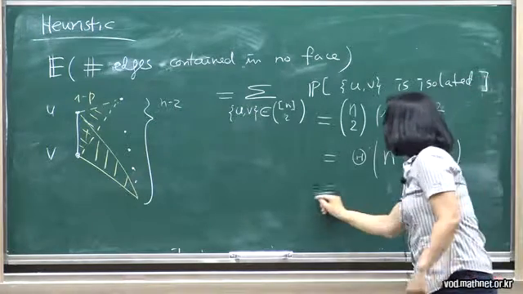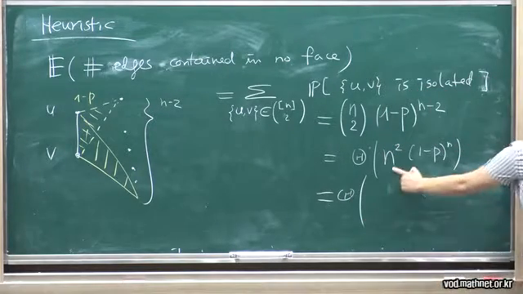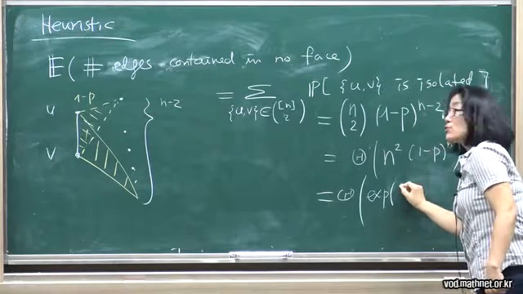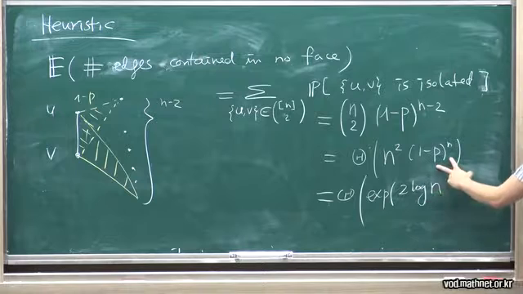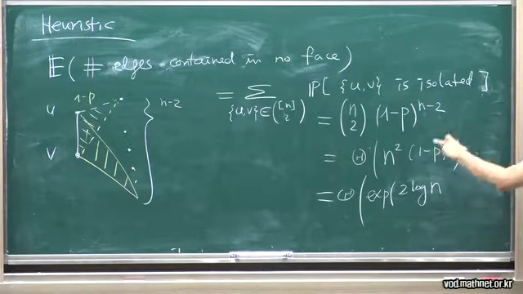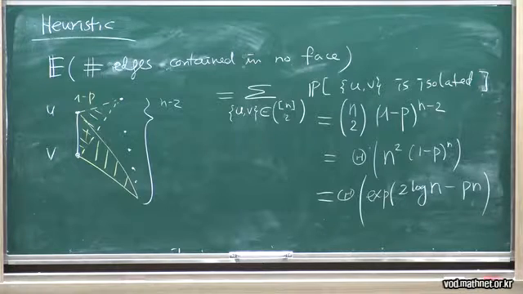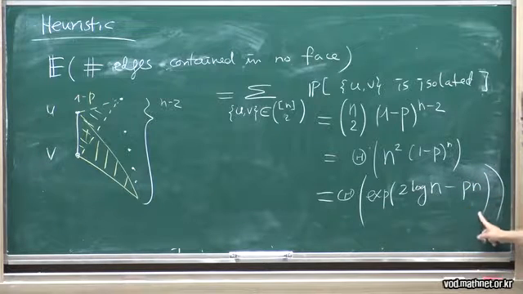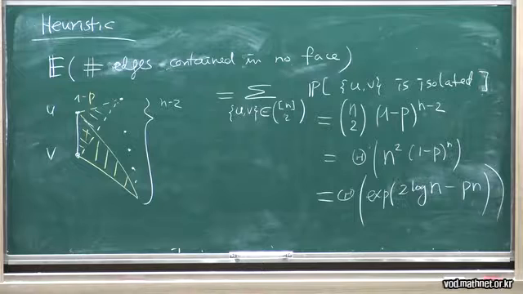On the other hand, up to a constant term, we do the same business. N squared is the same as exp of 2 log n. We have exercised this already. (1 minus p) to the n is roughly exp of minus p times n. The same business is going on. This quantity becomes 0 when p is about 2 log n over n.